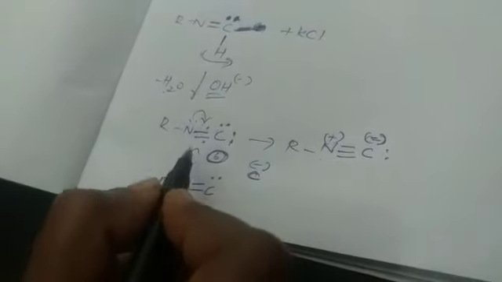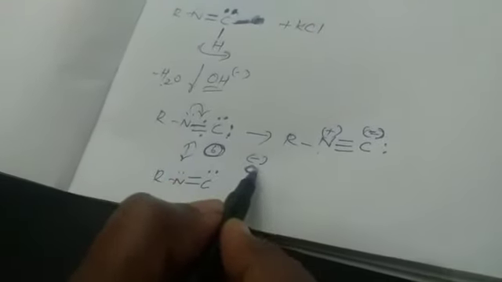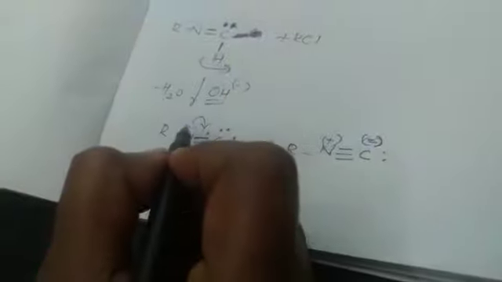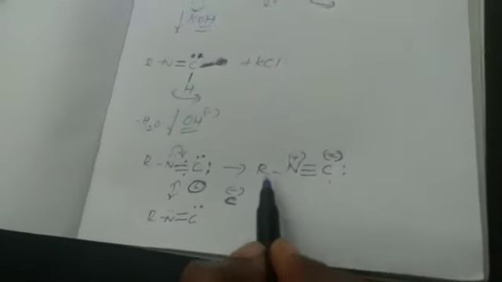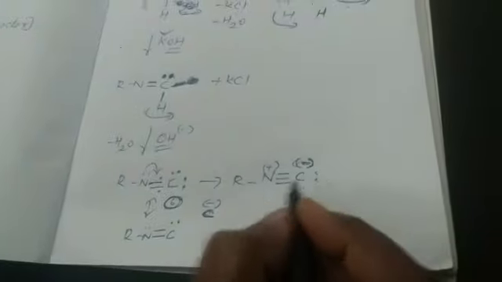After donating this lone pair of electrons towards this carbon atom, this carbon will have a negative charge here. This is nothing but what? Isocyanide. So R N positive charge, triple bond C and then negative charge, one negative charge, one lone pair of electrons.